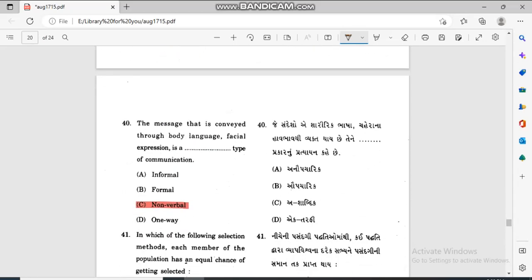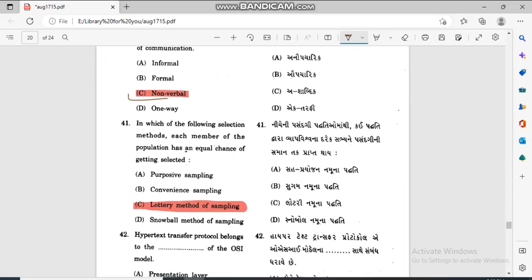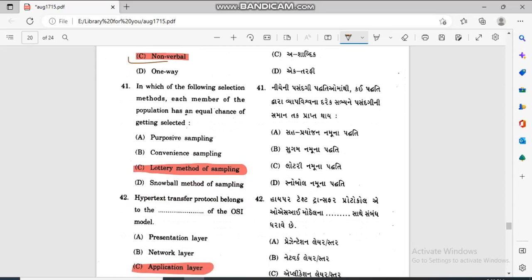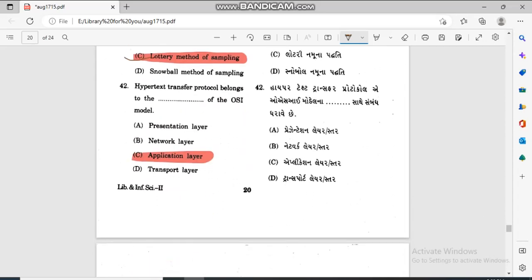The message that is conveyed through body language and facial expression is non-verbal communication. In which of the following selection methods does each member of the population have an equal chance of getting selected? The lottery method of sampling. Hypertext Transfer Protocol belongs to the application layer of the OSI model.